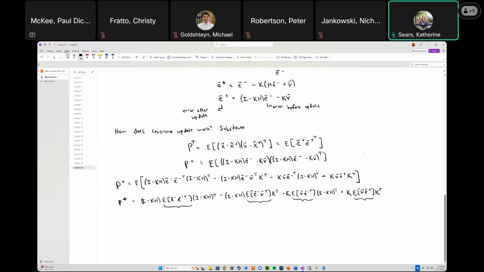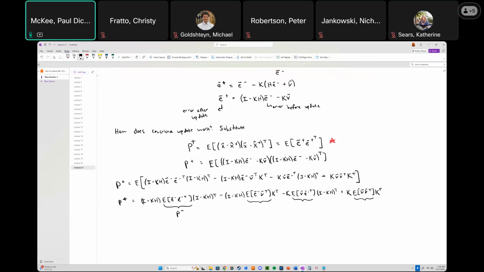Ah, so remember that the expected value of E plus E plus transpose is P plus. So the expected value of E minus E minus transpose is actually the old covariance. It's kind of been hiding in the equations this whole time. So the new covariance is the old covariance plus, but keep moving, look at the other ones.